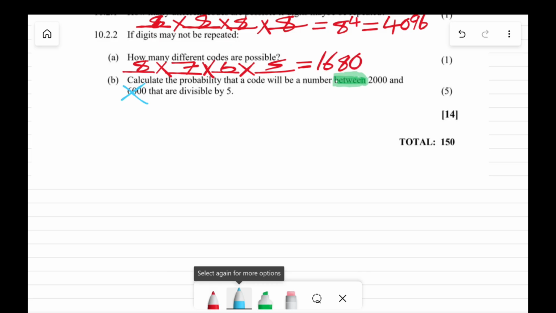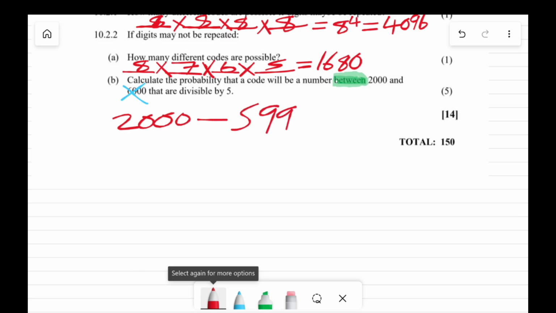So when we say between 2000 and 6000 that are divisible by 5, it means we're excluding 6000, which means that number can be a number from 2000 to 5999. So which digits are we supposed to use?